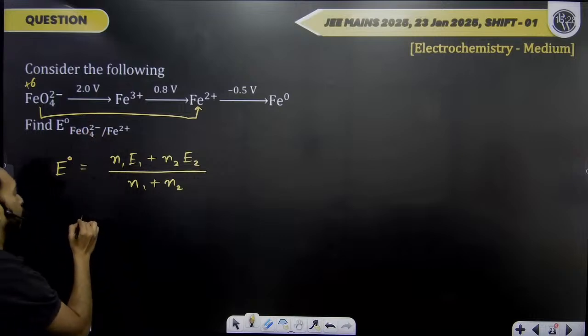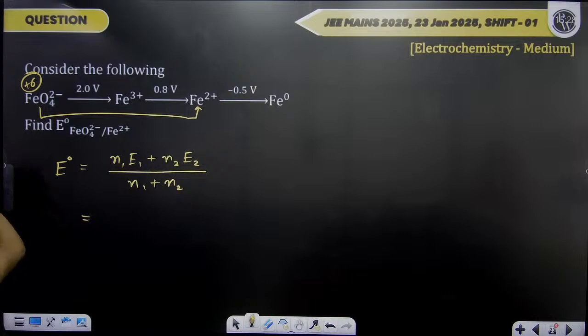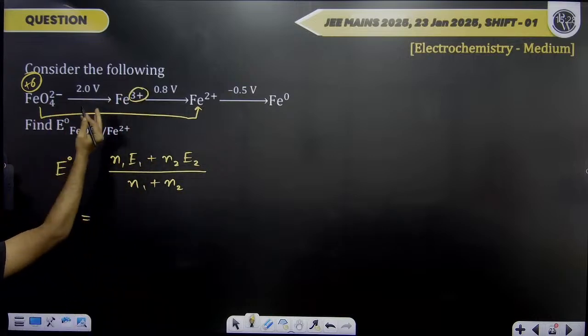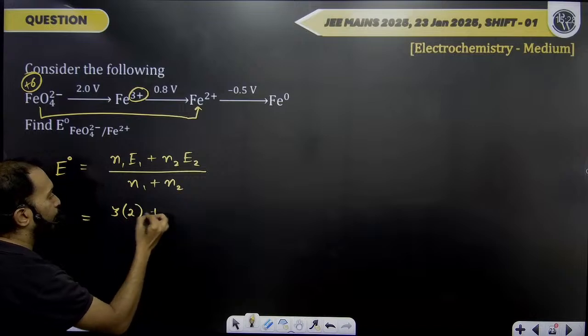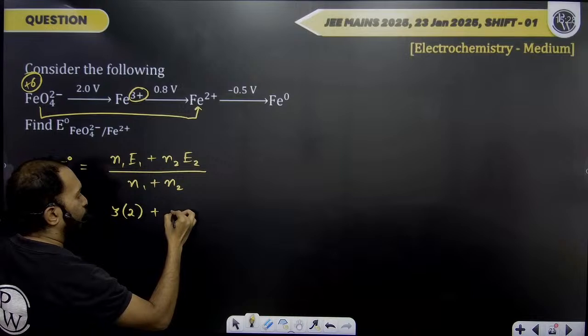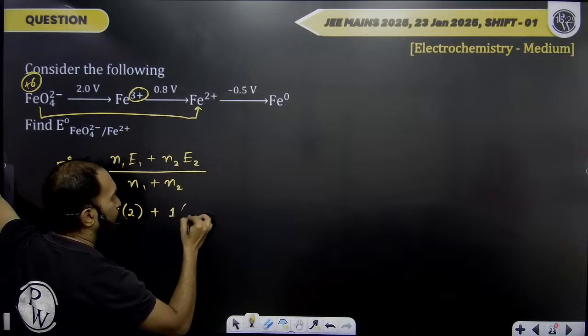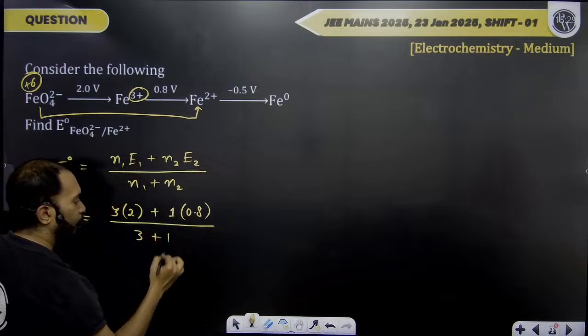So let's put the values over here. Initially, iron is having +6 oxidation state, over here it is having +3, so change is of 3 units. So N1 is 3, E1 is given 2 volts, 3 into 2, plus the change of 1 unit, N2 is 1, E2 is given 0.8, divided by N1 plus N2, that is 3 plus 1.